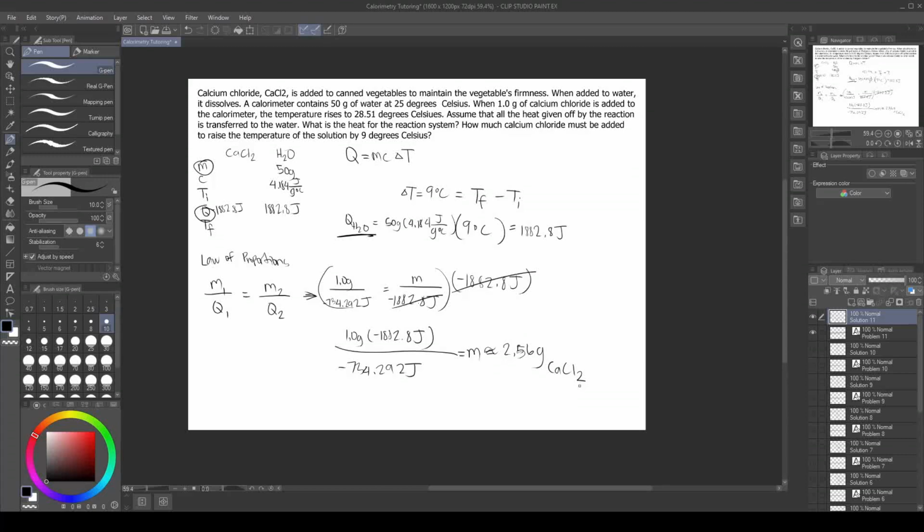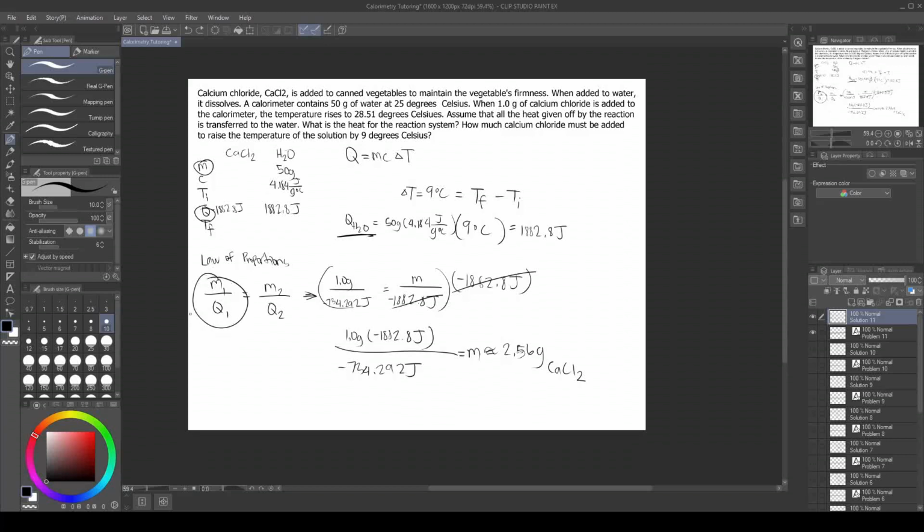So hopefully that gives you a better idea of how to solve this problem. What basically happened is, first we had to find information for the first scenario, which is the first question here: what is the heat of the reaction system? And then we had to make a comparison or a proportion from that first scenario. In this case, it could be mass over heat, or it could be heat over mass if you want things to be harder.